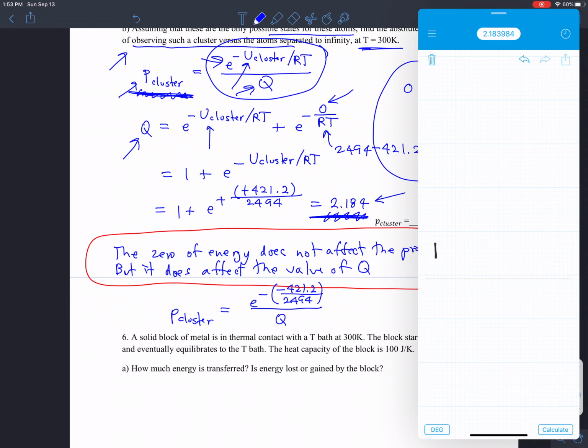So P is equal to e to the minus 421.2 over 2494, over 2.184, and that is equal to 0.542.